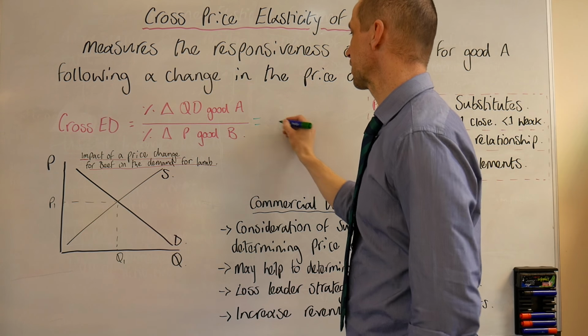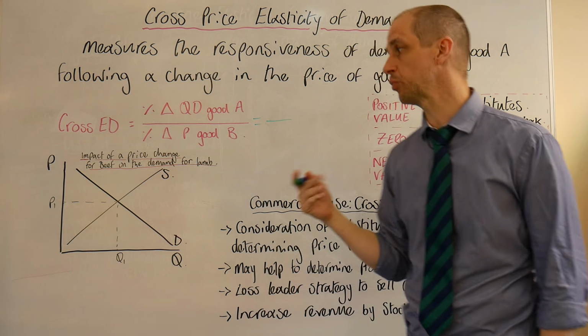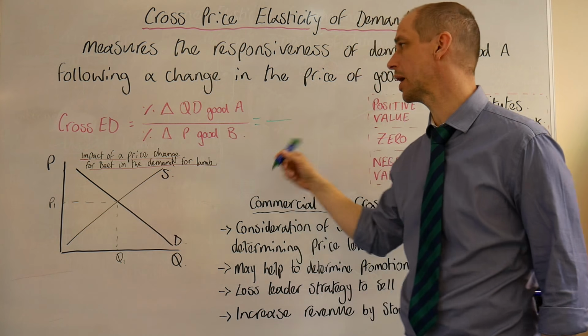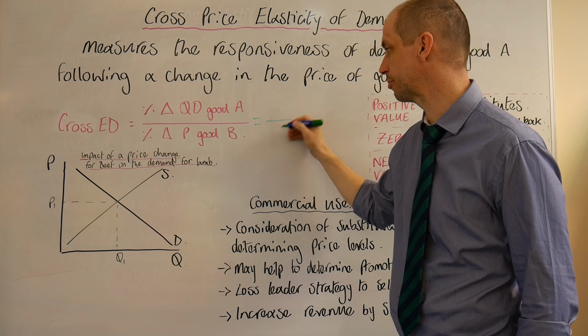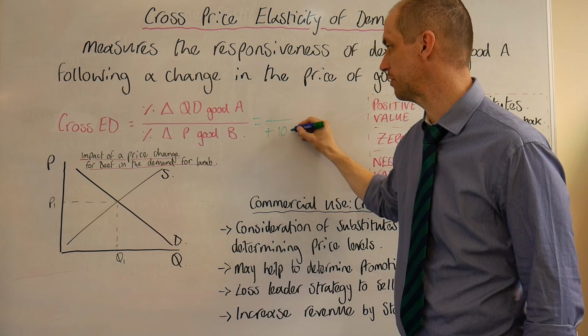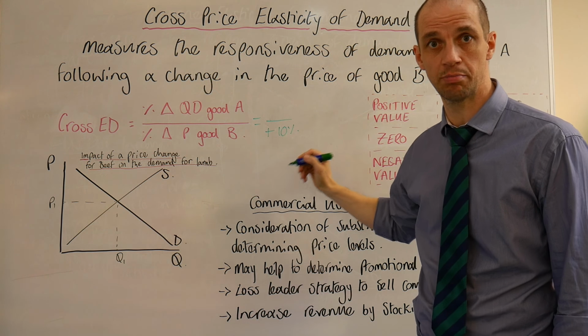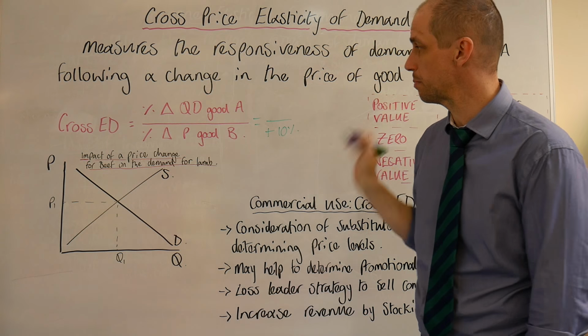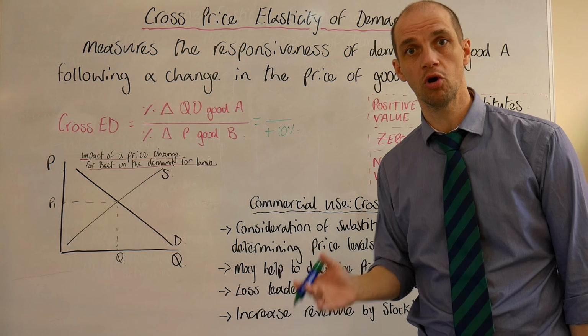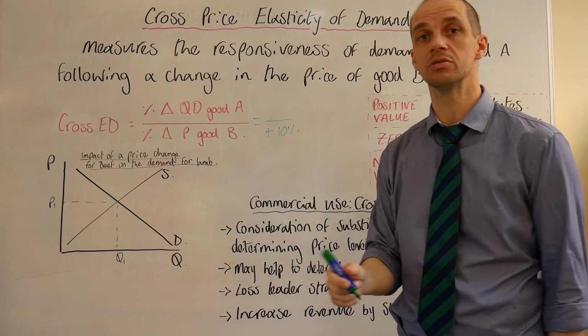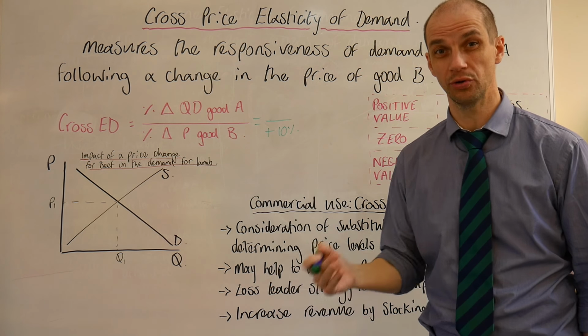So let's take a little example here. If we consider a price change in beef perhaps, and say that the price of beef has risen by 10%, so we have an increase in the price of beef of 10%. What sort of impact may that have on the demand for lamb, so the quantity demanded of lamb, which is going to be our good A?